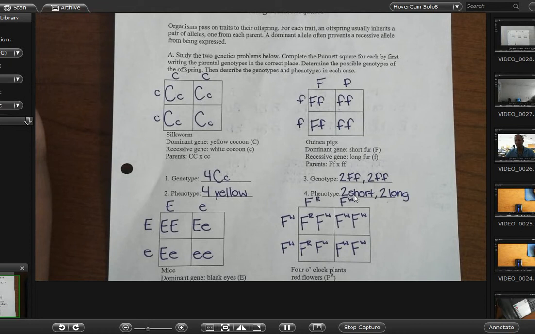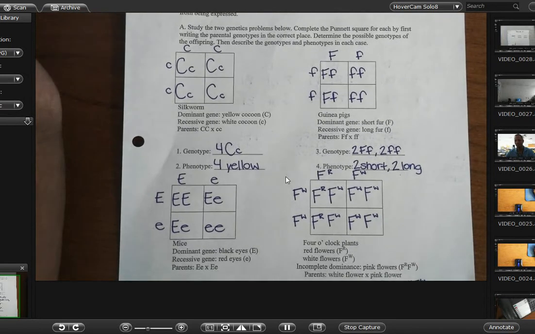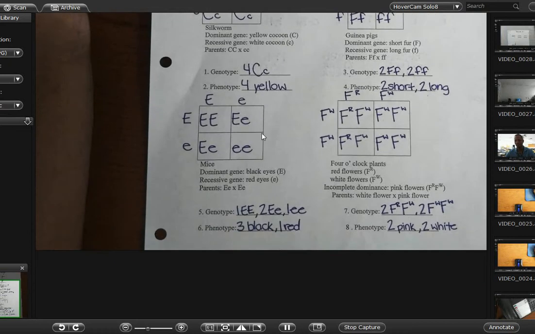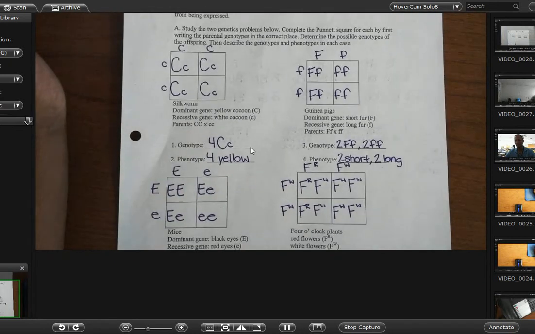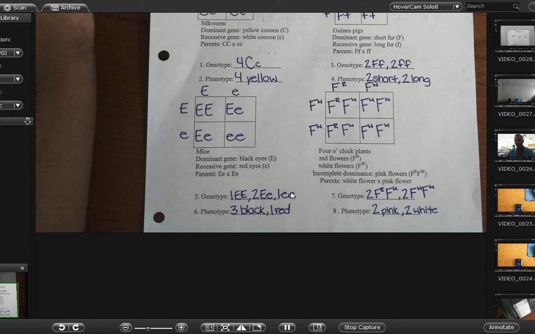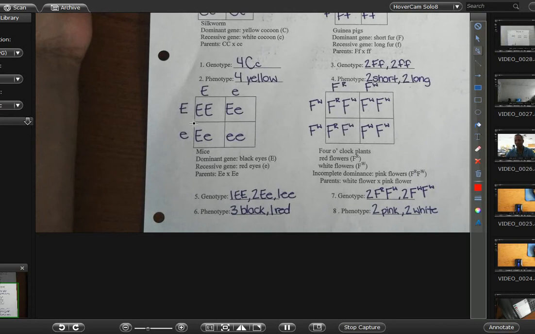And this would be too short, too long. And then this one right here is probably the traditional. This is the traditional 1-to-1 ratio, 3-to-1. A lot of students are familiar with that. If you'll see, these 3 are right there, and then this one is right there and there.